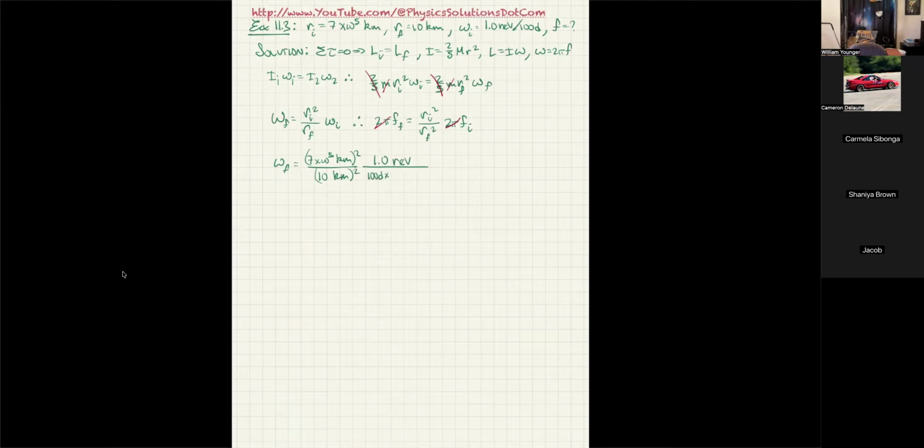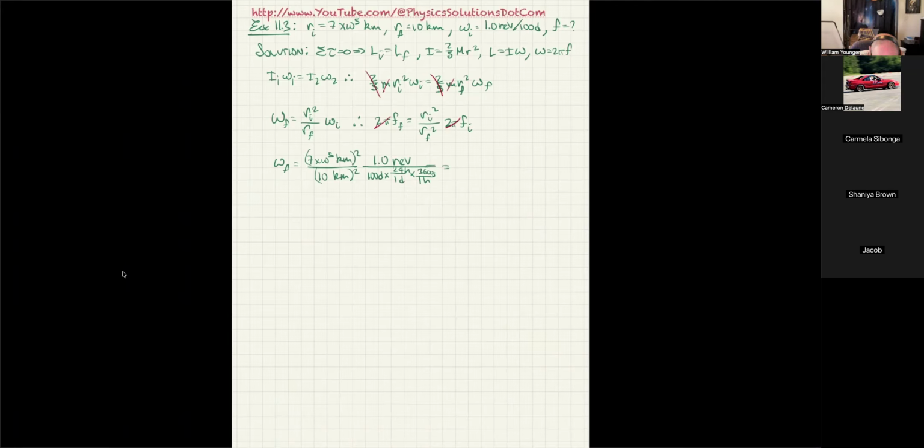But 1 day is equal to 24 hours, and 1 hour is equal to 3600 seconds. So we can do that as well.